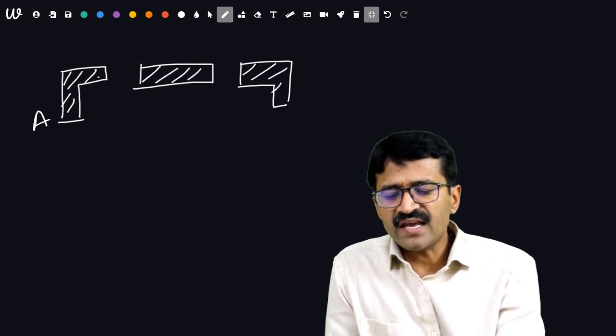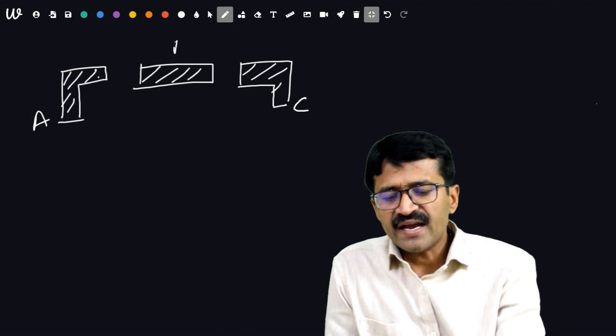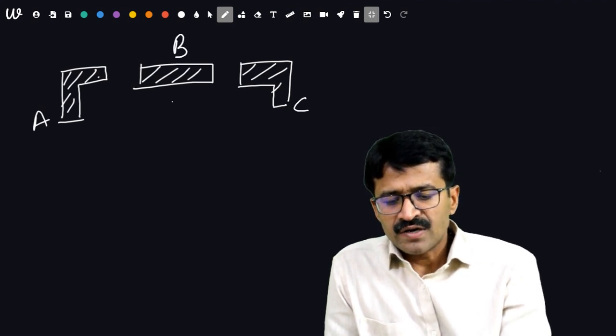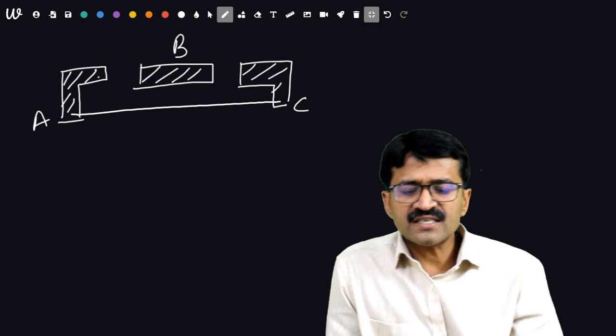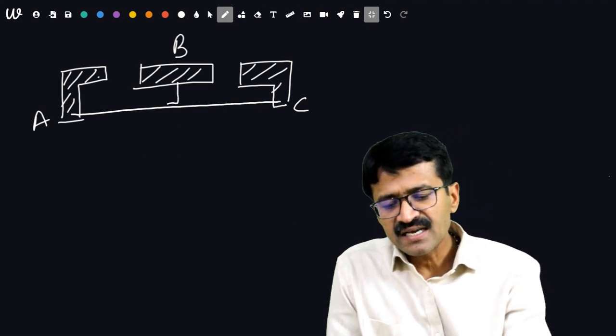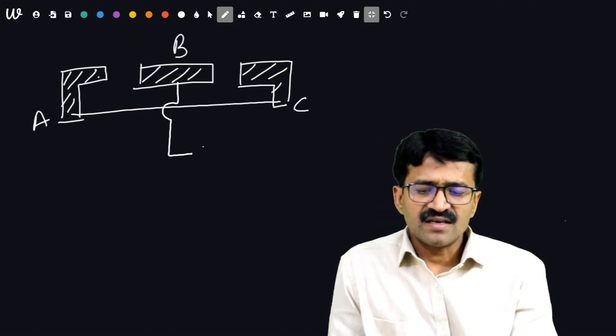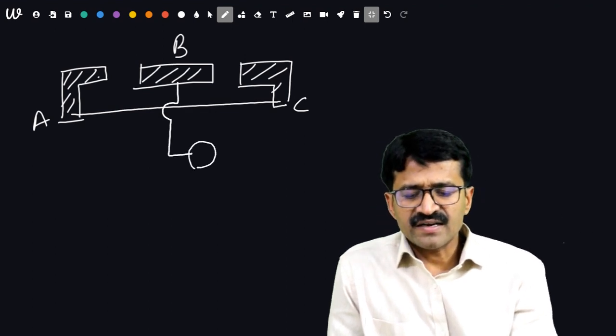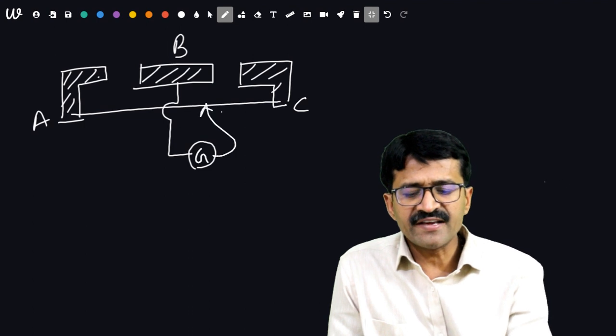These strips are A, C and B. Now, a resistance wire of 1 meter is kept between A and C, and there is another device called a galvanometer connected here.